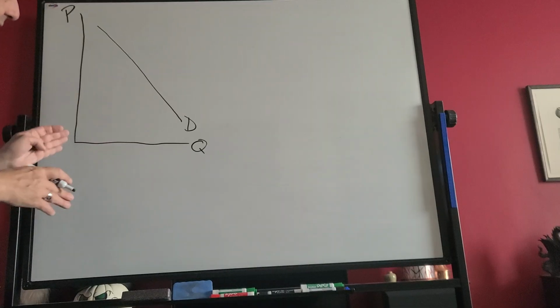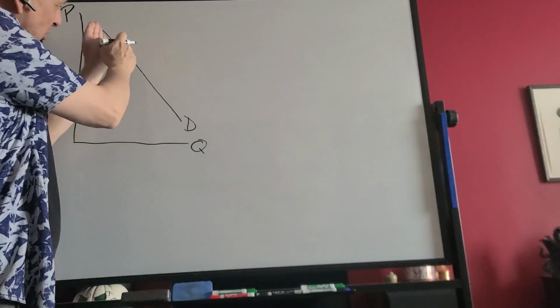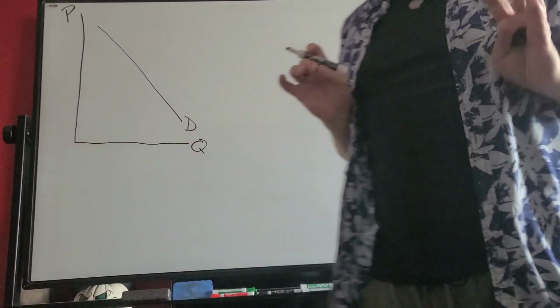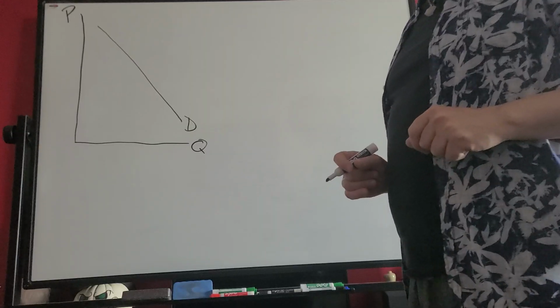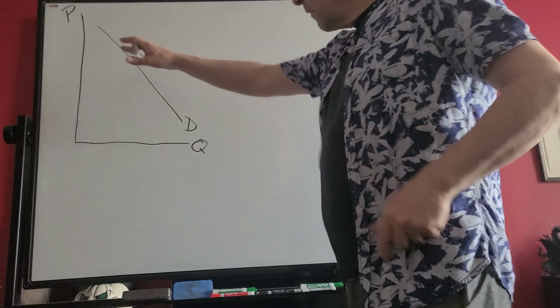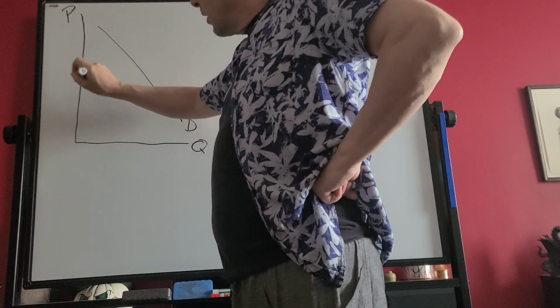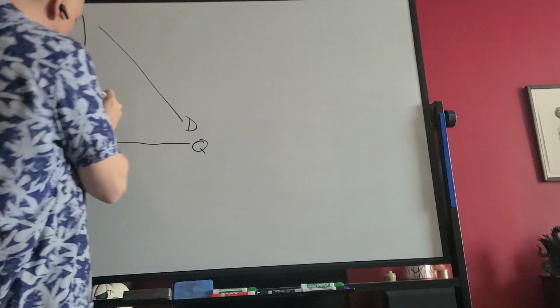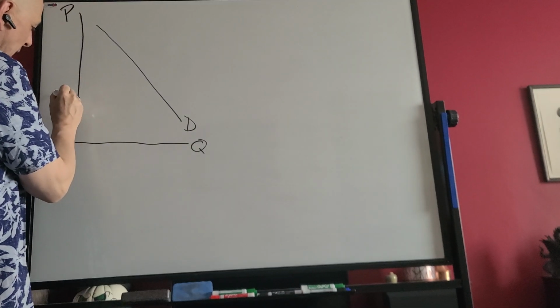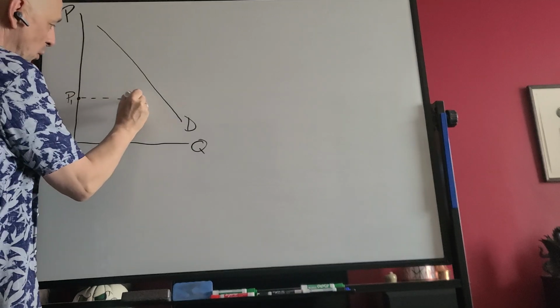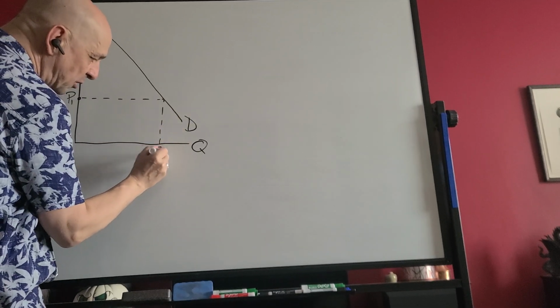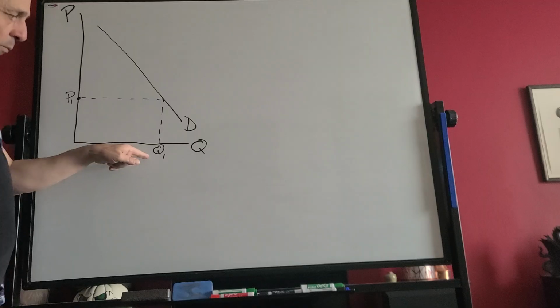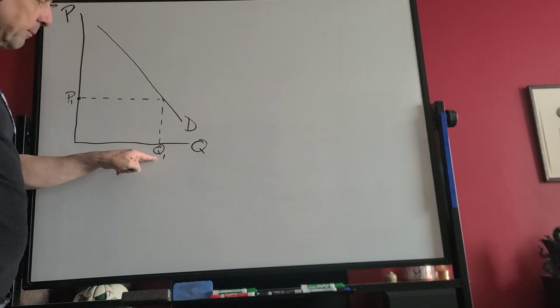But then at the end of the video, I said to you, okay, but what is it that means that this demand curve is here as opposed to over here or over here? What could change besides price that might make this demand curve shift? In other words, if price moves by itself, so let's say we have a price here, we follow it to our demand curve, and we see that that leads to a quantity of Q1.